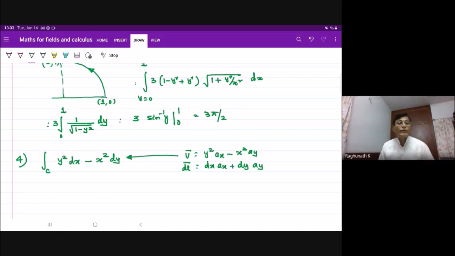Please remember this. Y squared dx minus x squared dy is to be evaluated counterclockwise along the circle from 1 0 to 0 1.